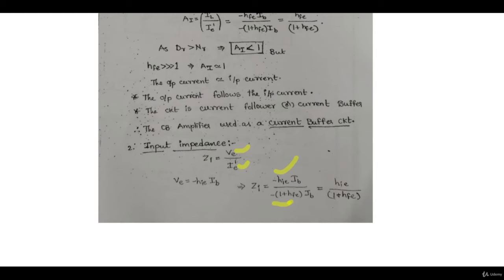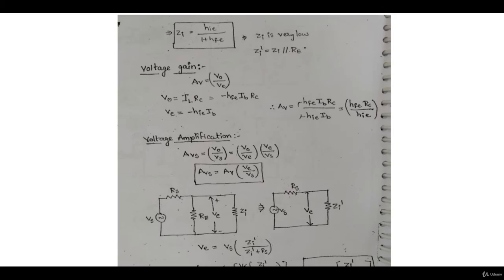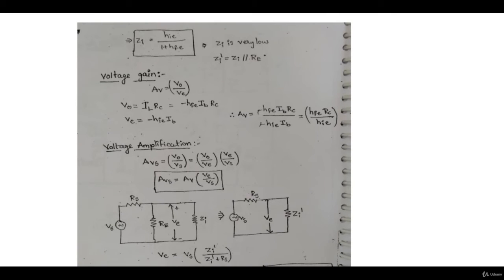So Zi, the input impedance just next to the transistor, is hie divided by 1 plus hfe. Zi will be very low. Zi dash will be Zi in parallel with Re.